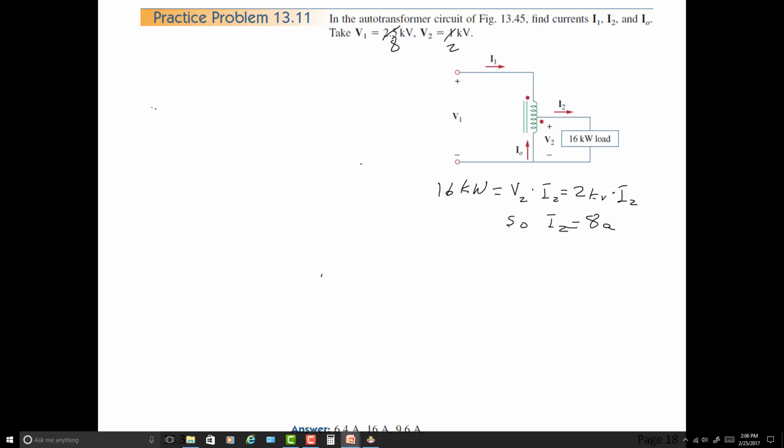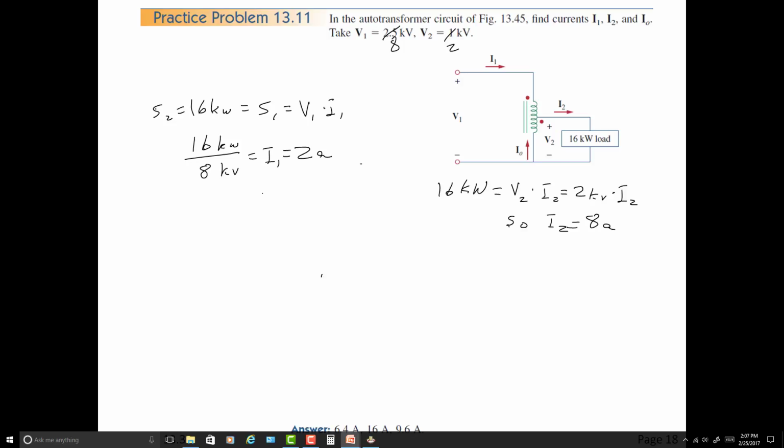Now if S2 is 16 kilowatts, that's going to be equal to S1, which is V1 I1. And that means 16 kilowatts divided by V1, which is 8 kilovolts, is equal to I1, and that's 2 amps.